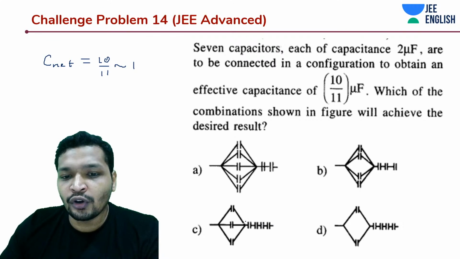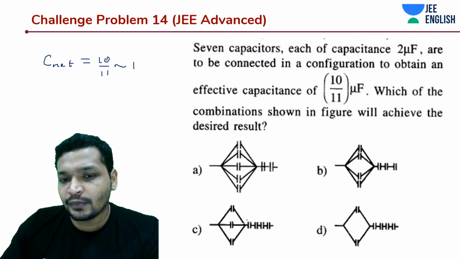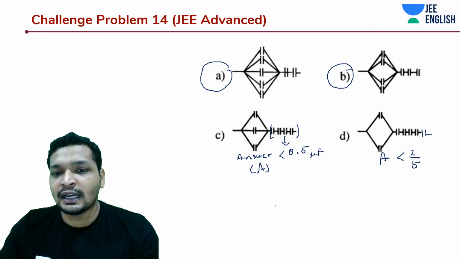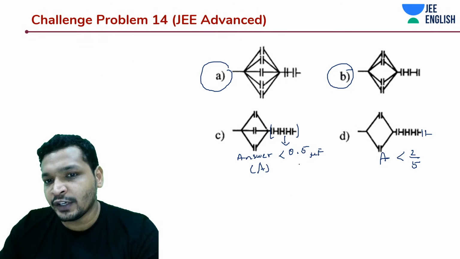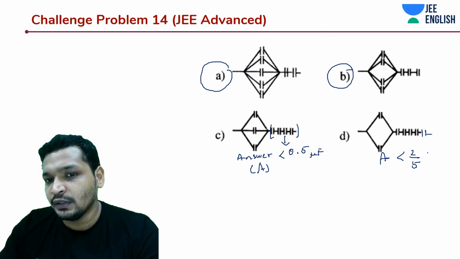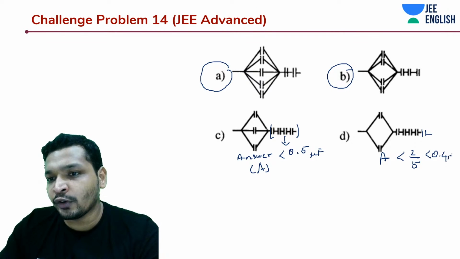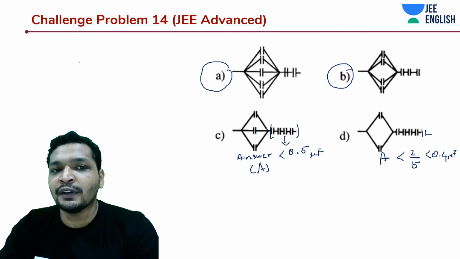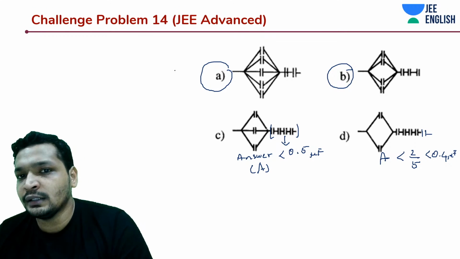This C would not yield that answer, because your final answer has to be less than 0.5 microfarads, 2 divided by 4, and in this case it is 2 divided by 5, which means it has to be less than 0.4 microfarads, but you know your answer is somewhere near 0.9 etc.